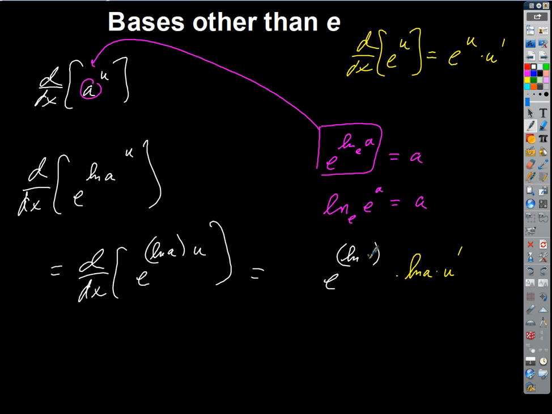Well, we're not done yet. We're going to be able to turn this into a simpler formula, but I want you to see this first. The derivative of e to the u is e to the u, there's u, right, times the derivative of u.